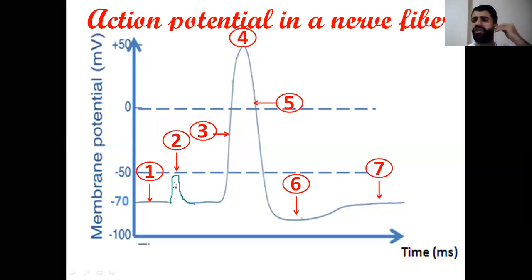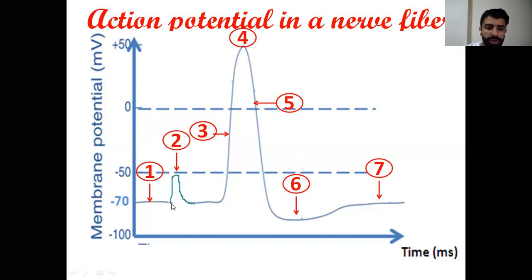What is the meaning of polarization? Negativity. Hypo means decrease or less. So hypopolarization is a decrease in the negative. We are moving to the positive. Three, depolarization. Number four, inversion of polarity. Number five is called the repolarization, going back to the negative.